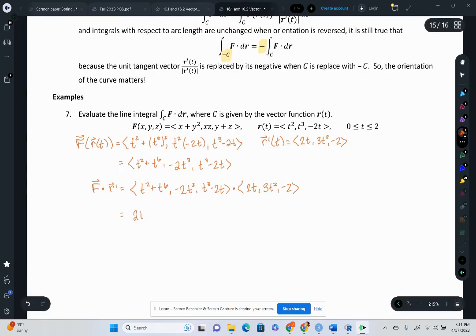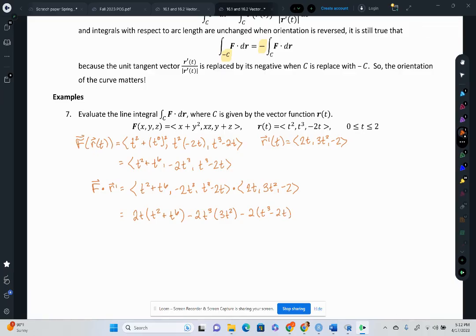So this is 2t times t squared plus t to the 6th, the first components multiplied. Then minus 2t cubed times 3t squared, the second components. And then minus 2 times t cubed minus 2t, the third components.